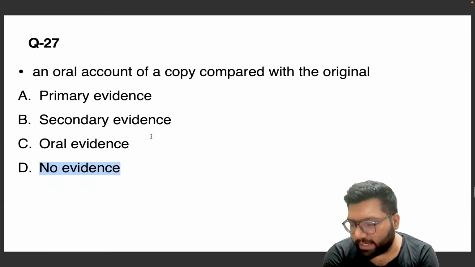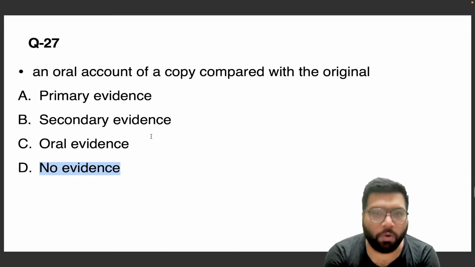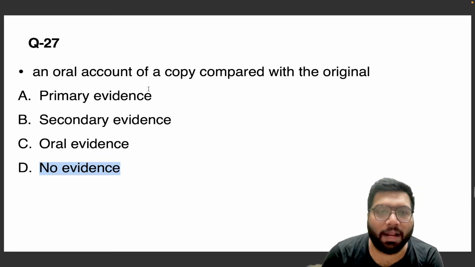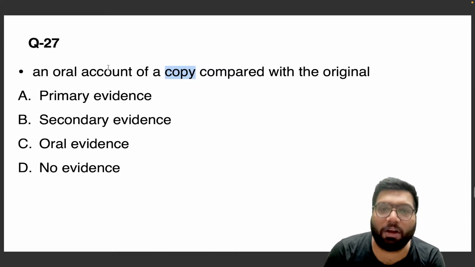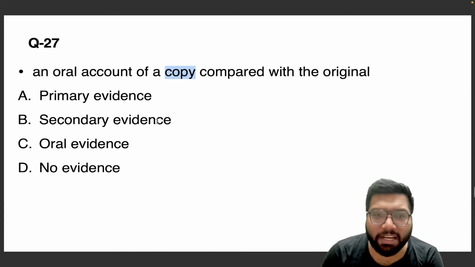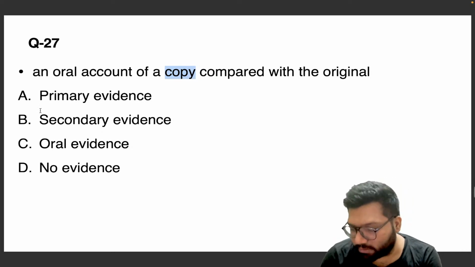Because of not in writing? No. Because it is an oral account of a copy. It was not the original. There was a copy involved in that. The oral account that has been given is because of the copy of the original. If the oral account was of the original, then it would be considered secondary evidence.